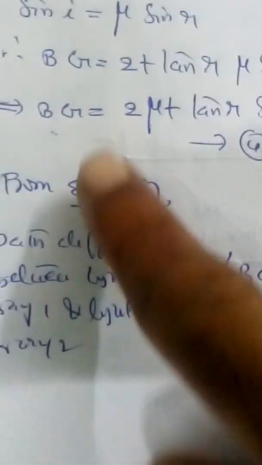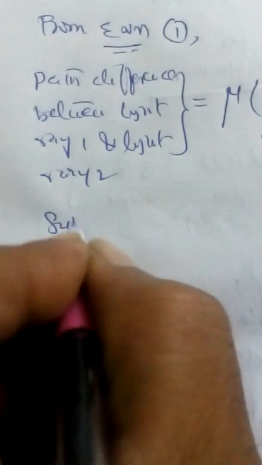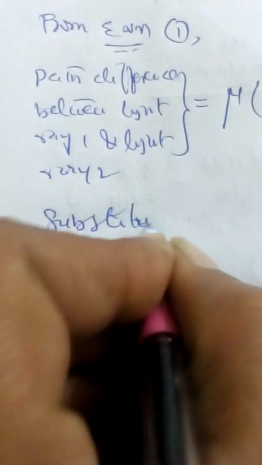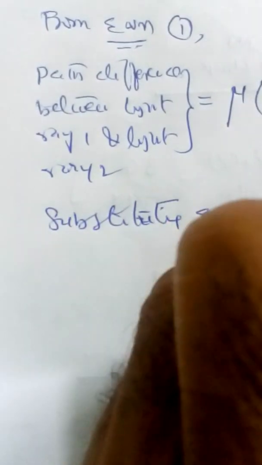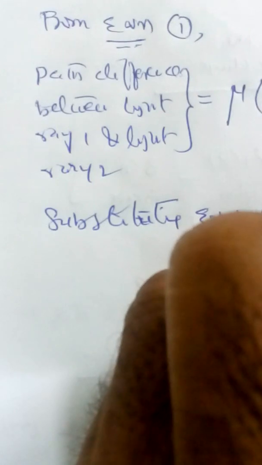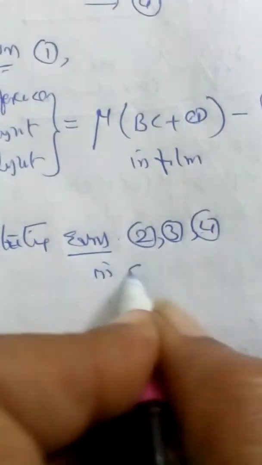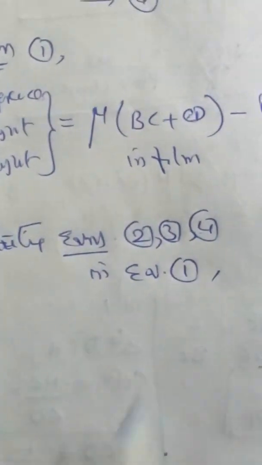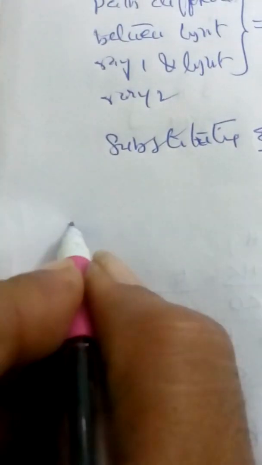Now we got values for BC and CD. So substituting equations 2, 3, 4 in equation 1, what we will get?